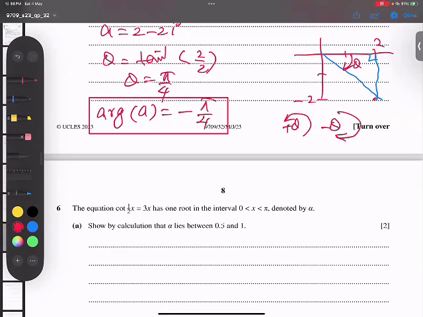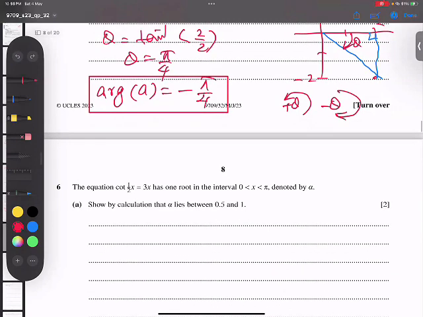He's saying cot half x equals 3x has one root in the interval between 0 and pi, and calculate by showing that alpha lies between these two. So what is the way, student? I will bring 3x to the other side and assume this is like f of x. Cot is 1 over tan, so f of x equals cot half x minus 3x.